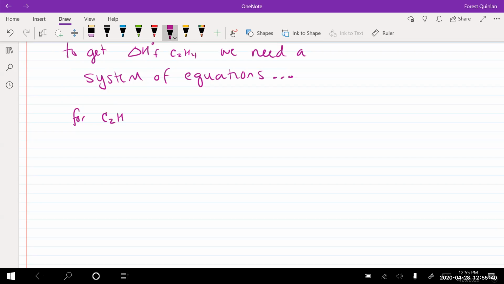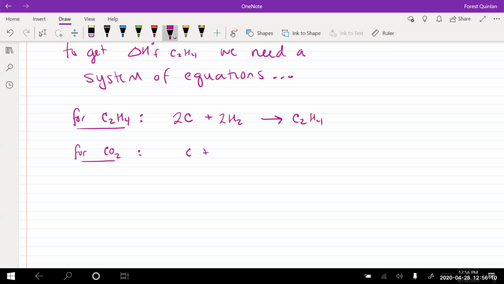For C2H4, let's form it. We had carbons and hydrogens go to make C2H4. Hopefully we see that there'll be 2 carbons and 2 hydrogens straight away. Now, we also have carbon dioxide up there.